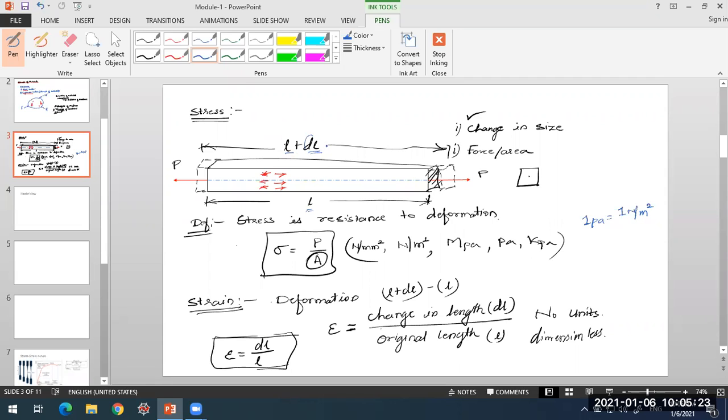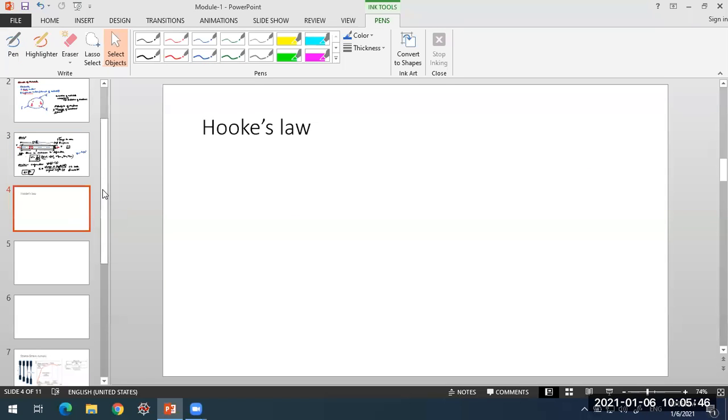So this DL is the increase in length. The change in length is the difference between these two, L plus DL minus L, so that comes out to be DL, and the strain is DL by L. So these are the two quantities we encounter in materials when they are subjected to loading, stress and strain. Now these stress and strain are related by some means.